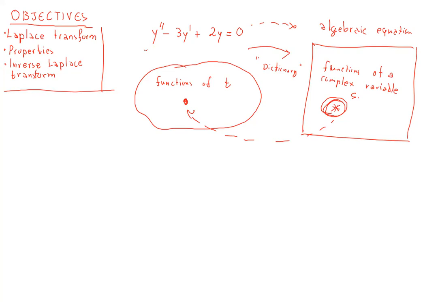So the natural question that we should be asking here is, where did this all come from? How do you wake up one nice morning and start associating with a given function some other function defined on some different set of inputs?